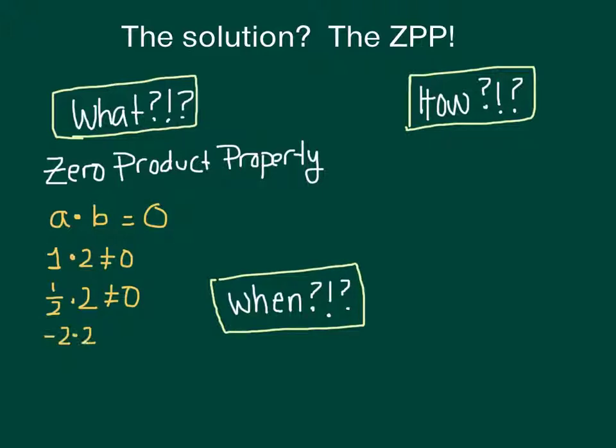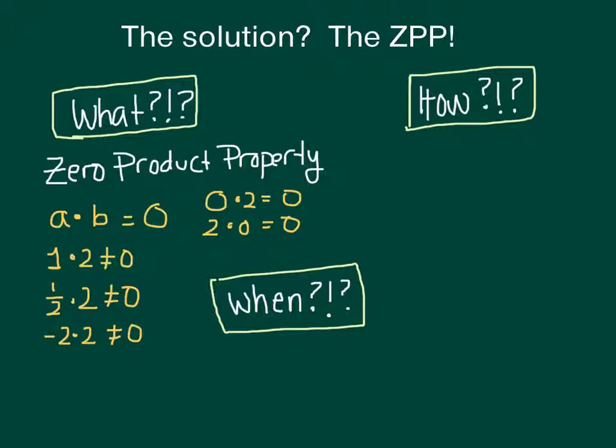Negative 2 times 2, oh, definitely not 0. You could try any other numbers, and you will never get 0. The only way would be if I had 0 times 2. That's 0. Or 2 times 0. Oh, that's also 0.